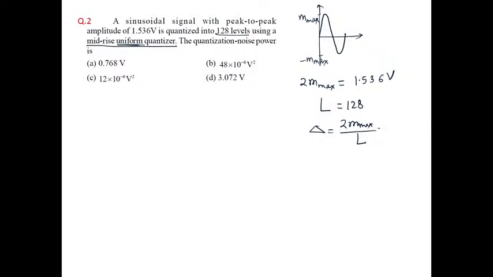So this is simply equal to 1.536 divided by 128, and this will be in volts. So what is 1.536 divided by 128? It is 0.012. So this is equal to 0.012 volts. Right.